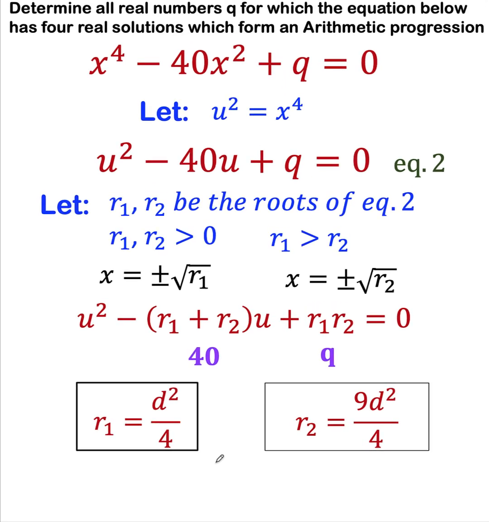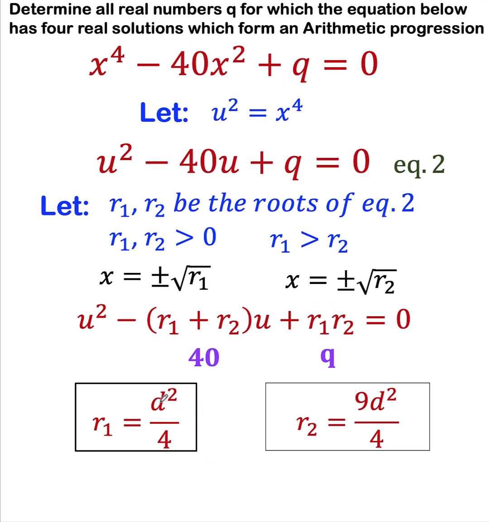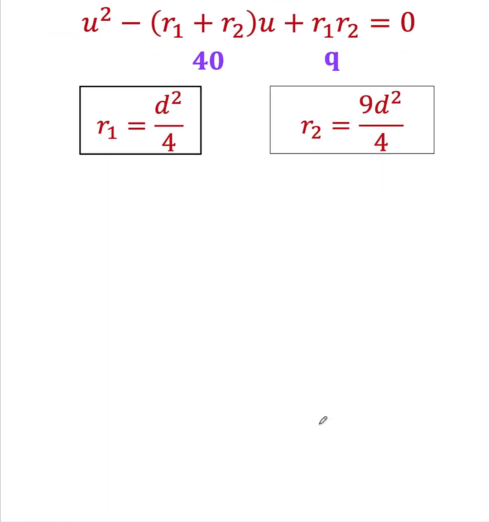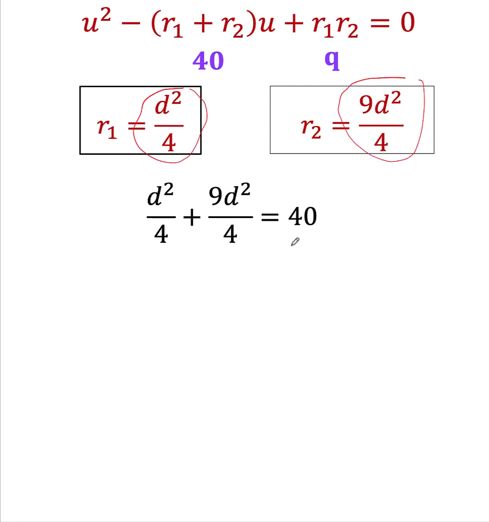So here is now what we have so far. How can we find the value of d? Notice that r sub 1 plus r sub 2 equals 40. That means if we add this r sub 1 and this r sub 2, that is equal to 40, and we can now form this equation. So this expression here plus this expression equals this 40 here. Multiply each of the terms by 4 to eliminate the denominator.